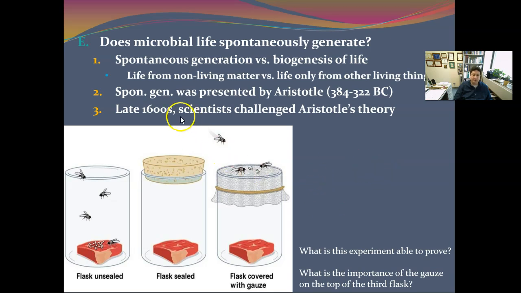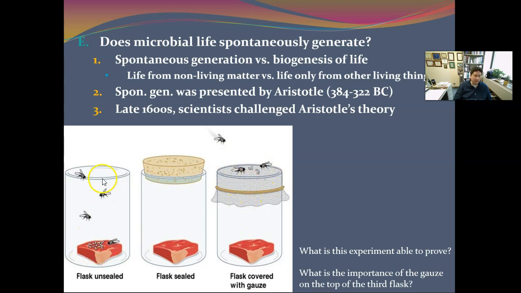Now, one of the people who did in the 1600s was a French scientist named Francesco Redi, who did an experiment like this. You take raw meat, put it in a glass jar, unsealed, another chunk sealed with a cork, another chunk, and this one no air could get in. Another one here, we put just some cheesecloth over it so air can get in.